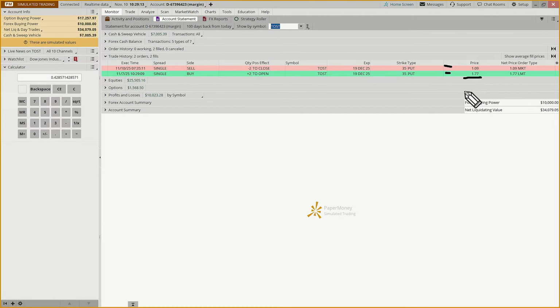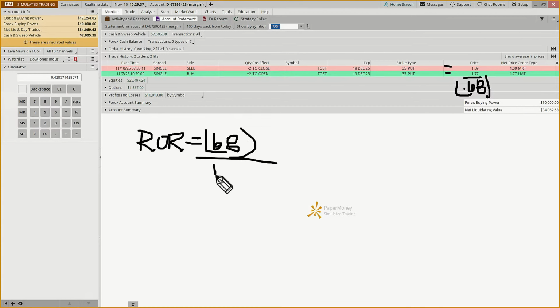So on this one, we were down by 68. And how much could we have lost? We could have lost $1.77. So what was our return on risk here? Well, we lost 68 out of the 177 that we could have lost. And so we were down here 38%.